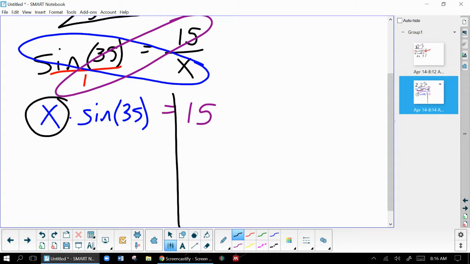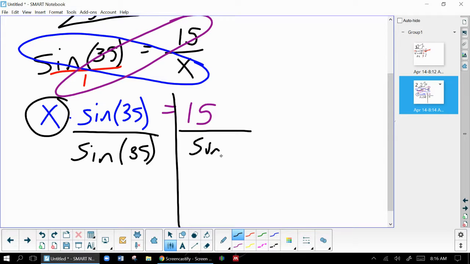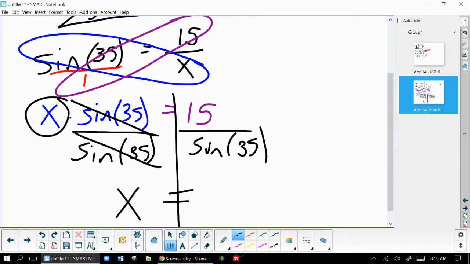And so here I have times sine of 35. The opposite of times is divide, so I'll divide by sine of 35. If I do that on the other side, divide by sine of 35, because again, this is an equation, I need to do the same thing on both sides. It'll cancel out there. On the left-hand side, I'm down to just x. And on the right-hand side, I have 15 divided by sine of 35. And then that's the part you're going to type into your calculator.